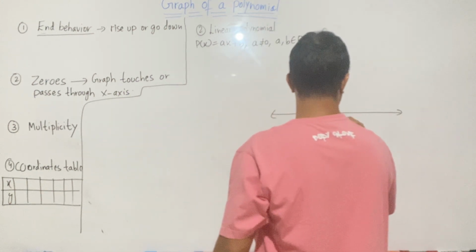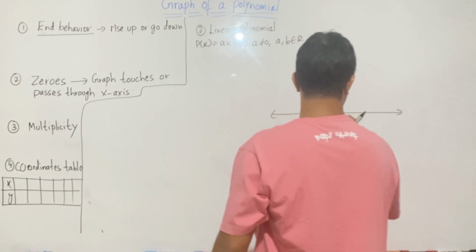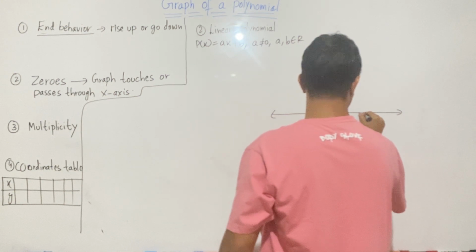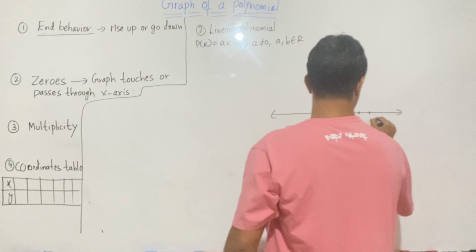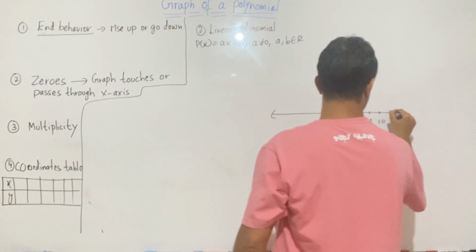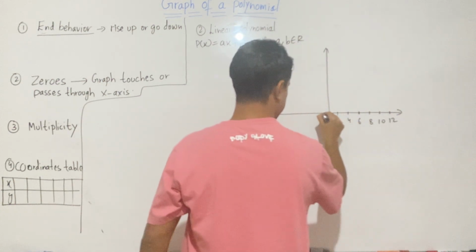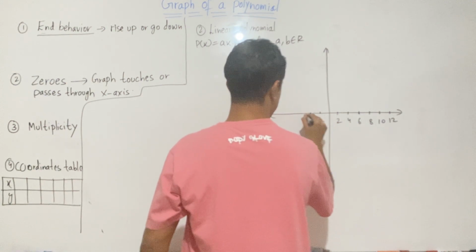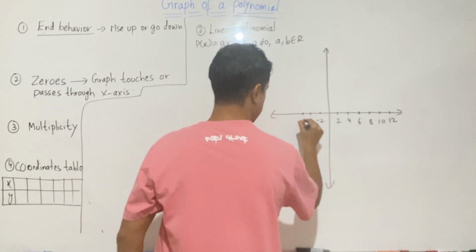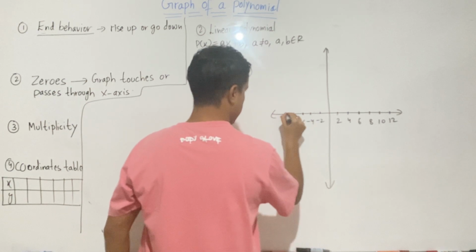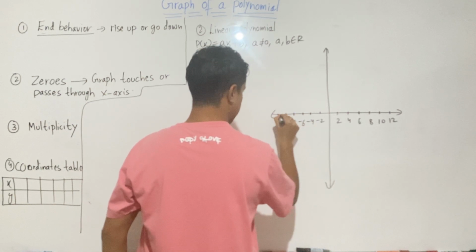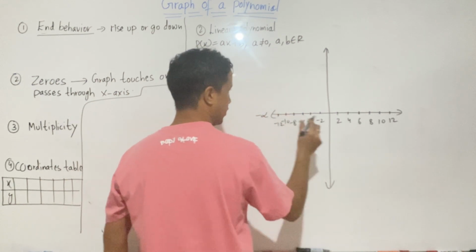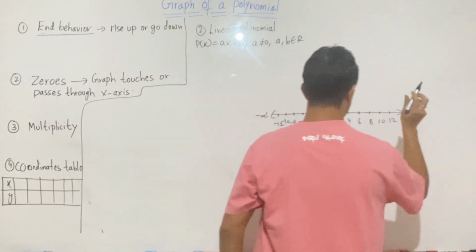This is 1, this is 2, this is 4, this is 6, this is 8, this is 10, this is 12. And here this is -2, -4, -6, -8, -10, -12. This side is minus infinity, this side is positive infinity.